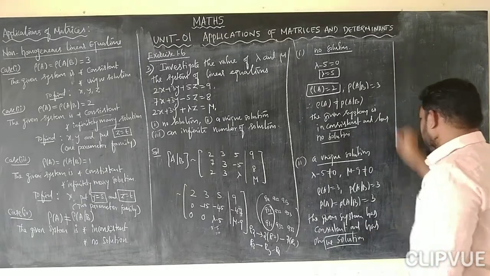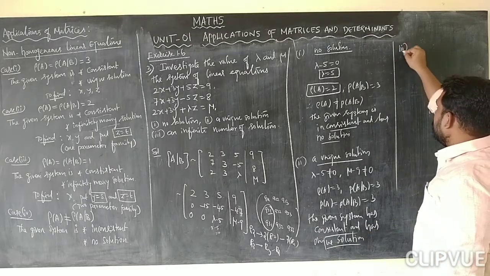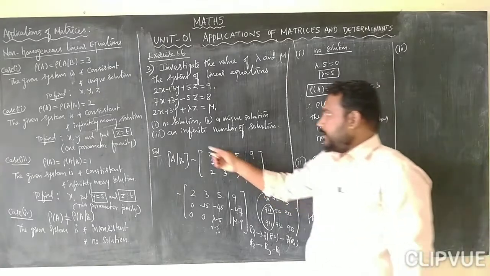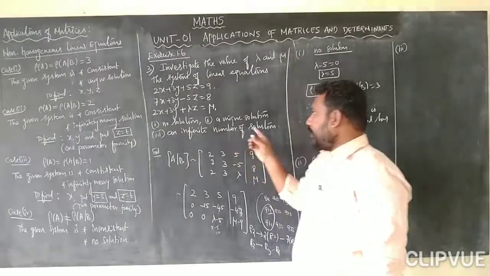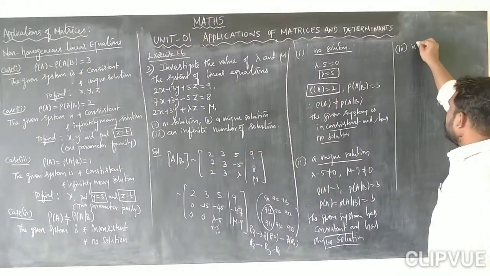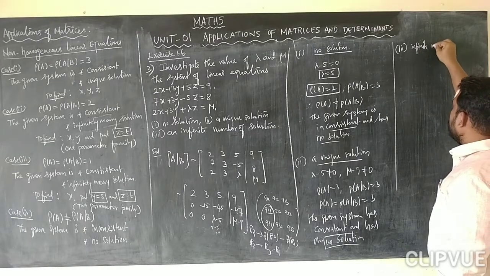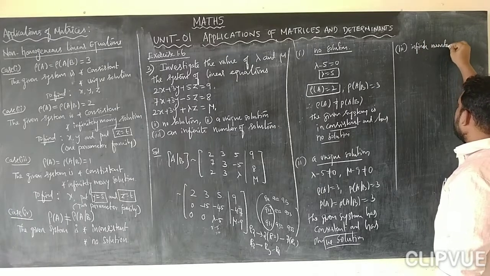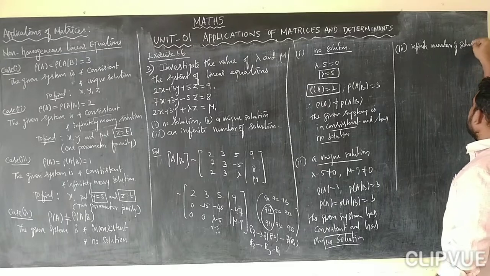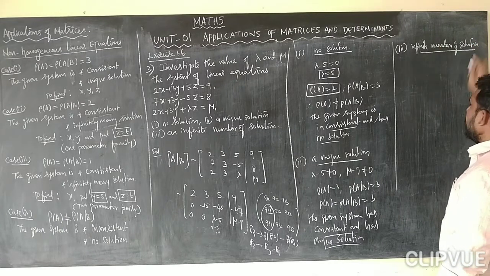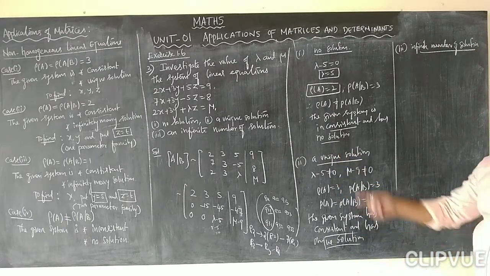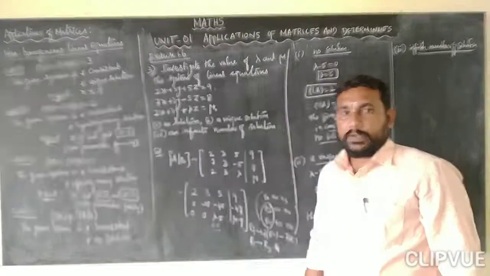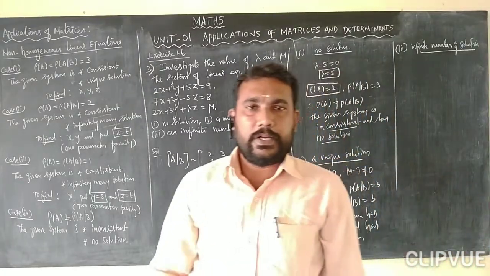Okay. Last one, third subdivision, an infinite number of solutions. Infinite number of solutions, case number 3. P of A equal to P of A difference B equal to 2.